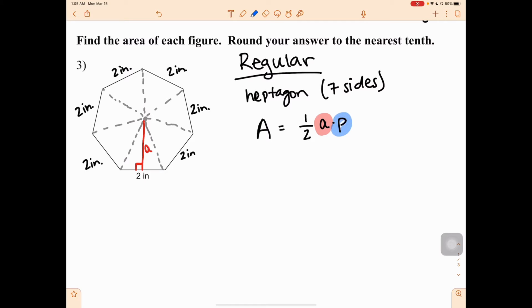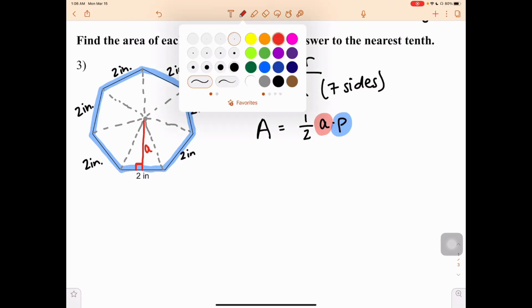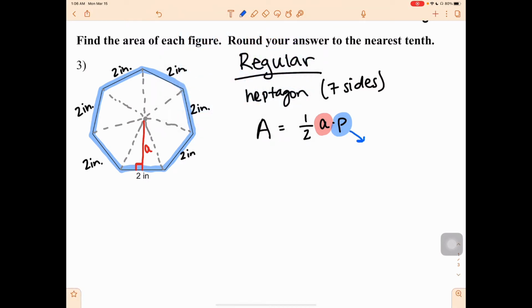Now we also need to know the perimeter. Well, the perimeter is just adding up all of the outsides here. So what is the perimeter of this heptagon? Since there are 7 sides and they're each 2 inches long, perimeter would be 7 times 2 inches, which is going to be 14 inches long here.